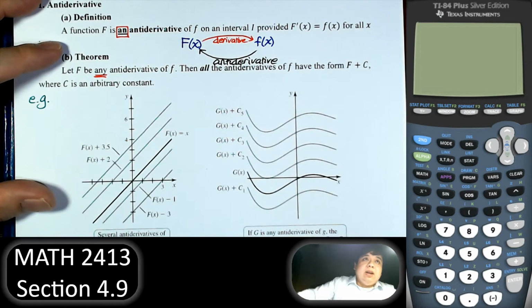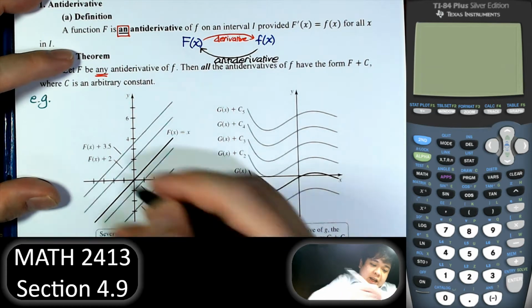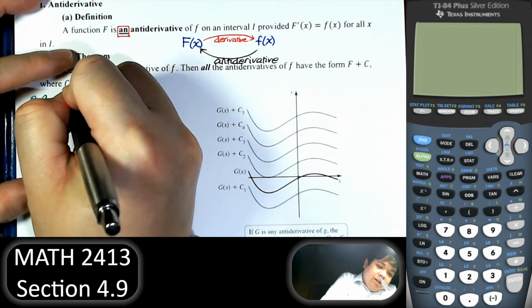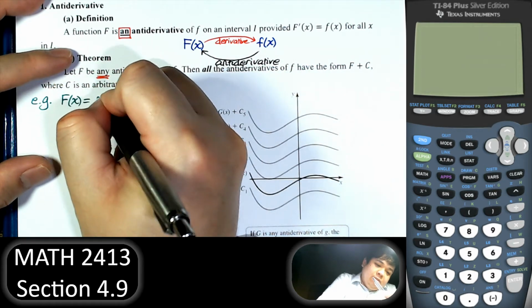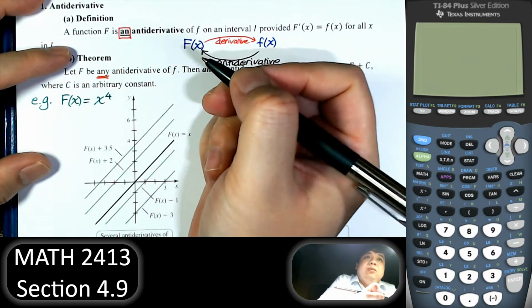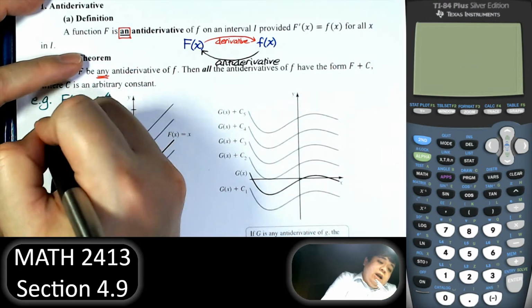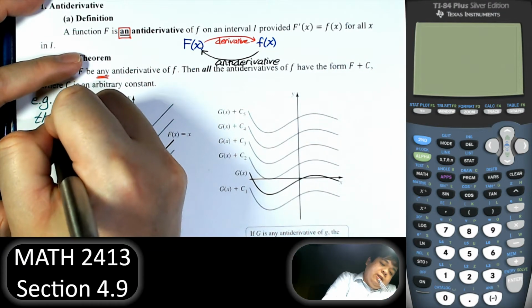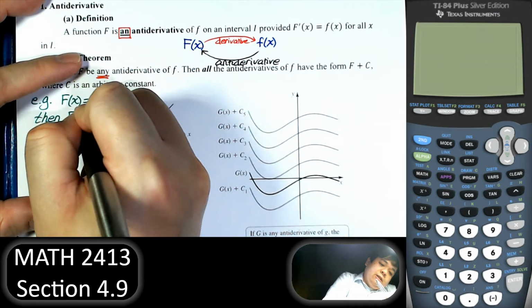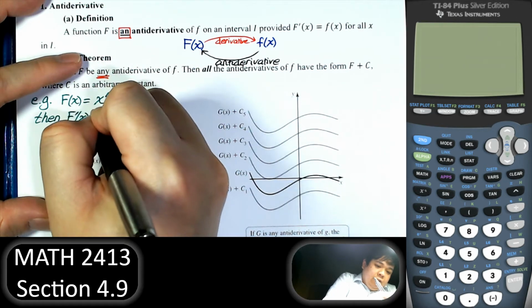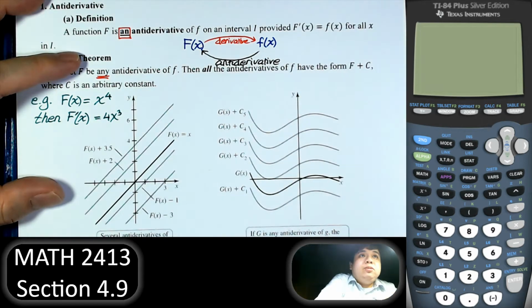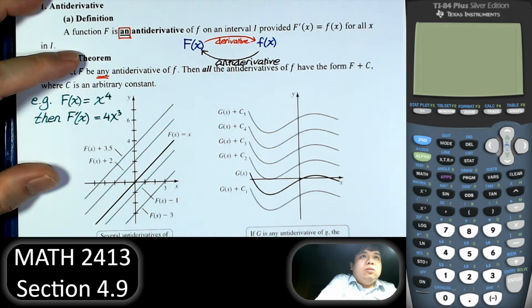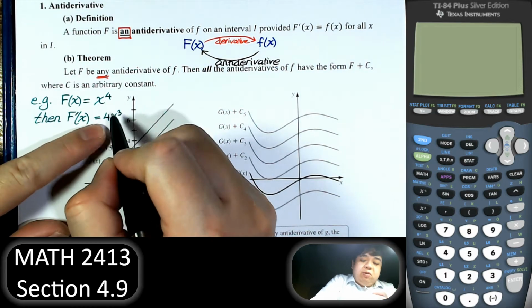Now, let's say I have the function x to the fourth, and then we take the derivative of that, which is 4x cubed. The derivative of x to the fourth is 4x cubed.